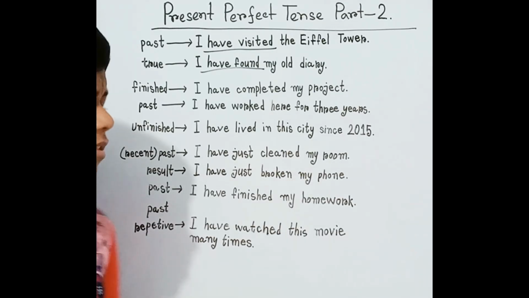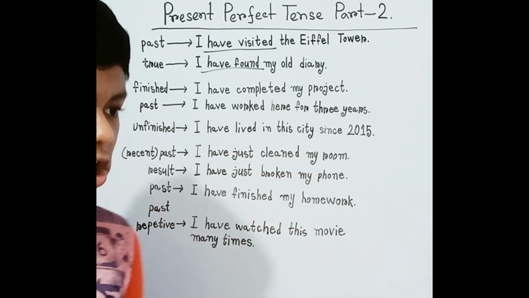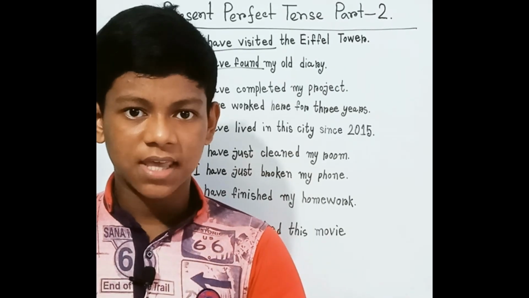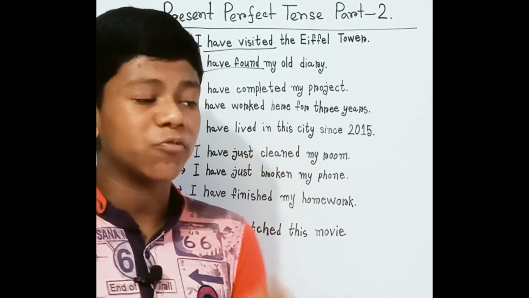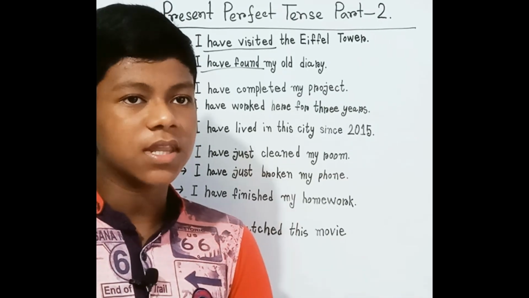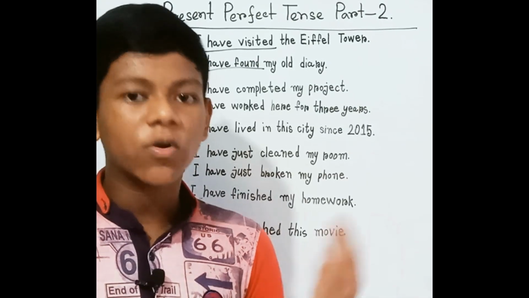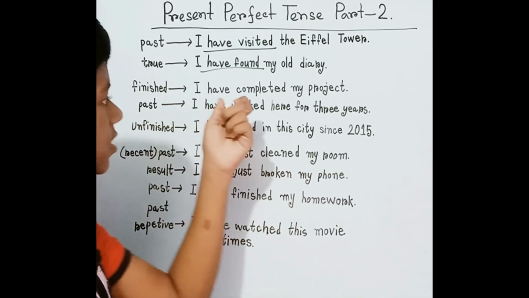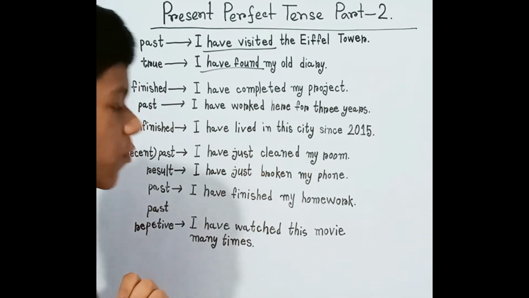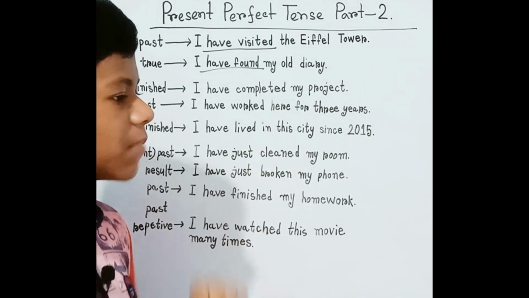Then the next is, when a task is finished, you don't have to do it again. You don't have to do it multiple times, because the task is finished. So you are free right now. In this situation, we can use the present perfect. For example, I have completed my project.